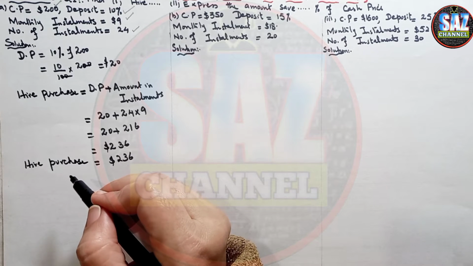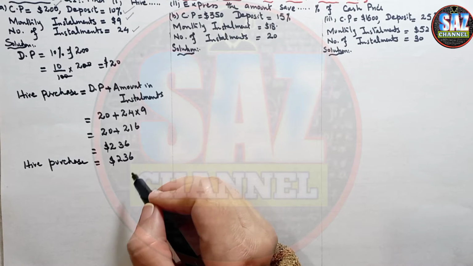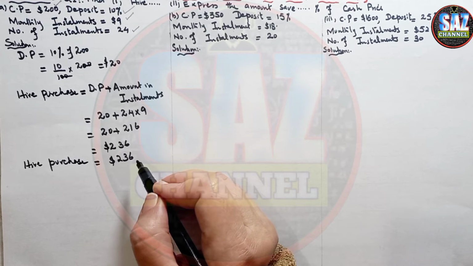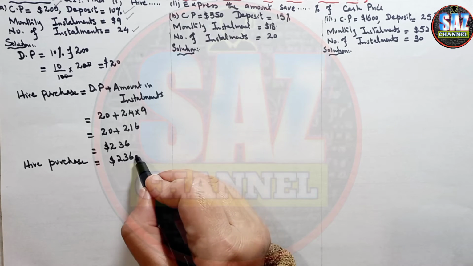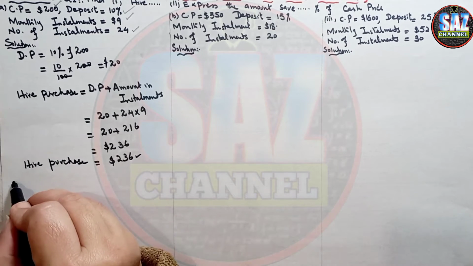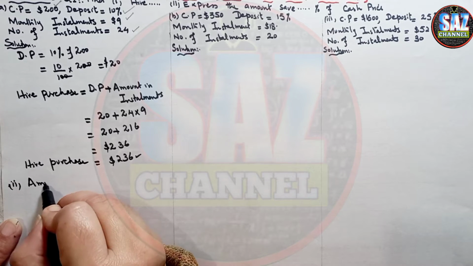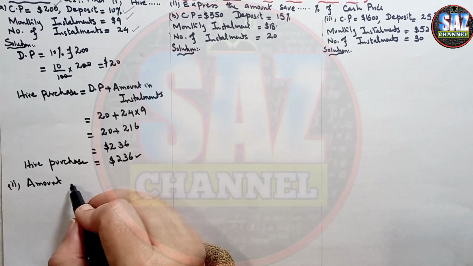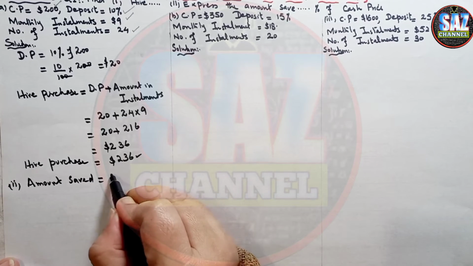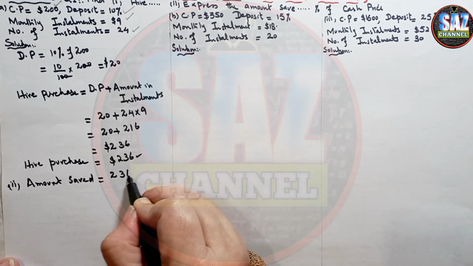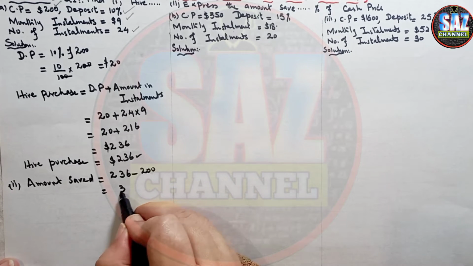Now let me read the question once again. The question says find the hire purchase price of the good, which we have calculated, and the second part is the amount saved by paying the cash price. So the amount saved will be equal to the difference between the hire purchase price and the original cash price, that is 36.